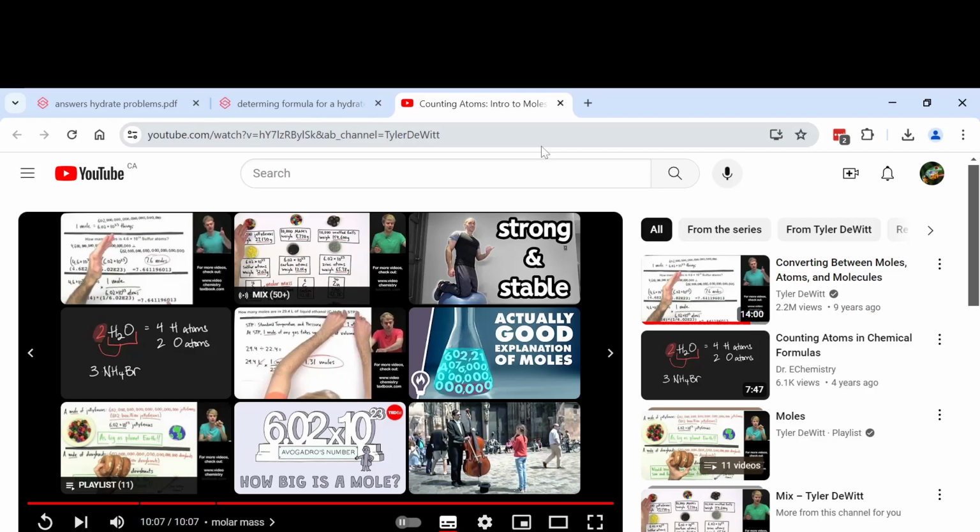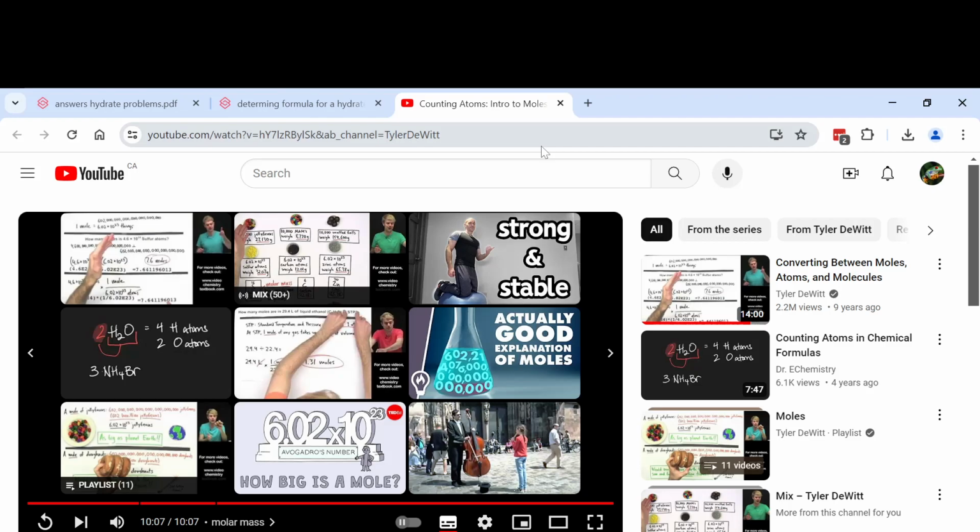And it's always going to be grams per 1 mole because it is the mass of 1 mole. Molar mass is the mass of 1 mole of that substance, or of 6.02 times 10 to the 23 particles of that substance.